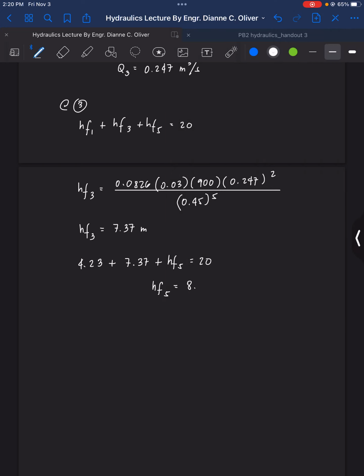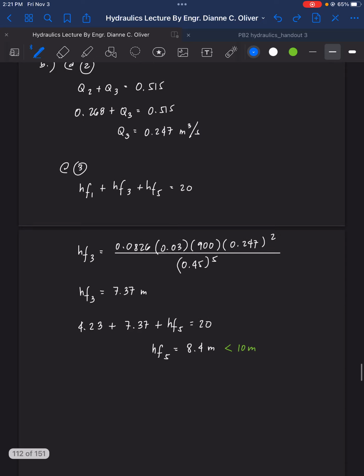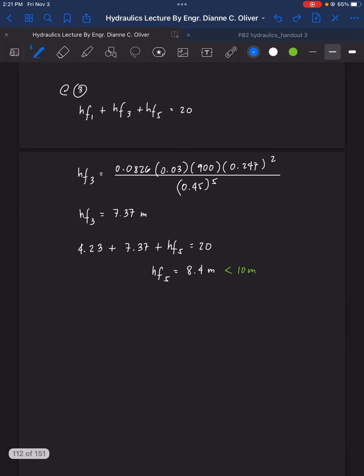HF5 is 8.4 meters. This is less than the 10 meters. So look at our HF5 here, you add it with HF4 to get 10. Since the value of HF5 is lesser than 10, our assumption here that it's downward is correct.